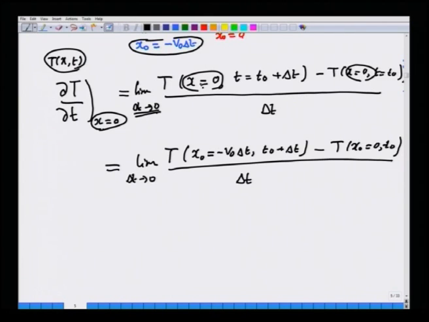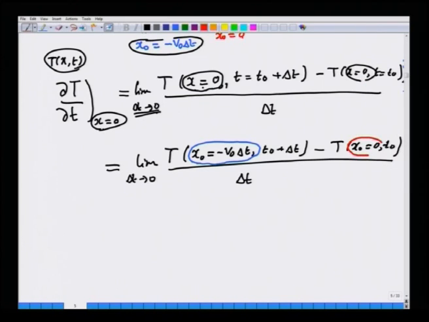Okay. But the key realization that we must have is that the temperature at x equal to 0 at a later time corresponds to that particle which was there at the later time, namely the blue particle. Now, the blue particle is denoted by its Lagrangian label x naught equal to minus v 0 delta T. The temperature at x equal to 0 at time T0 is due to the red particle.